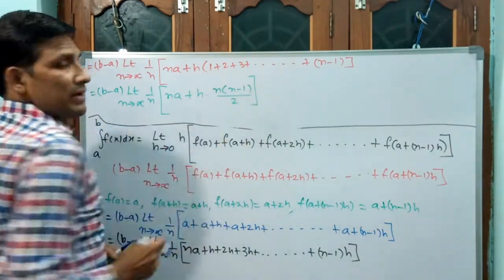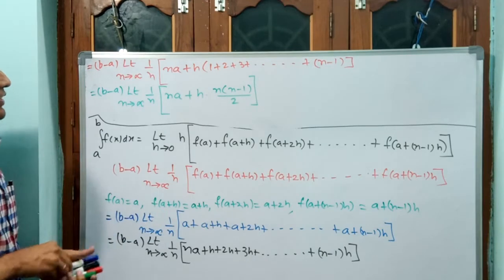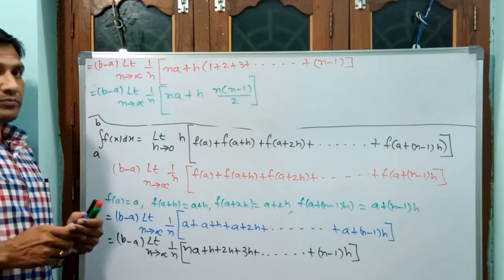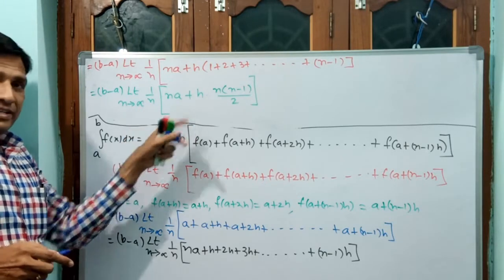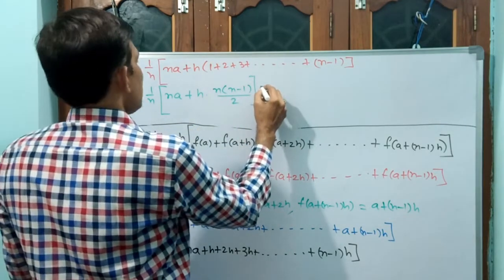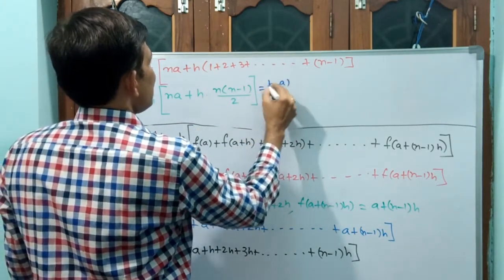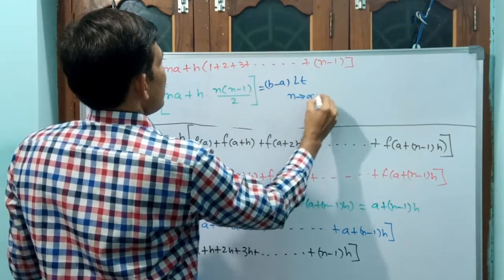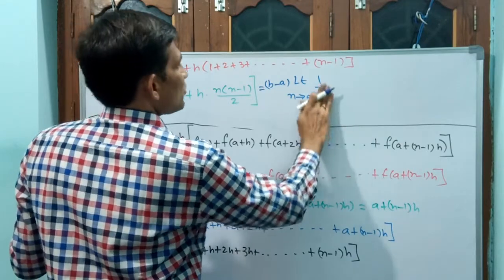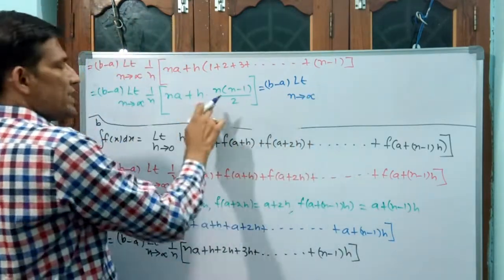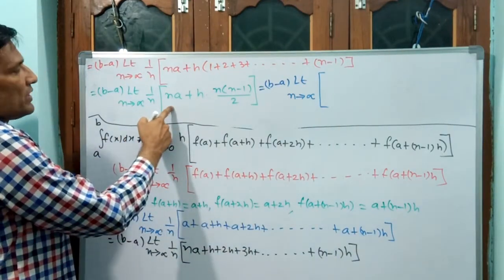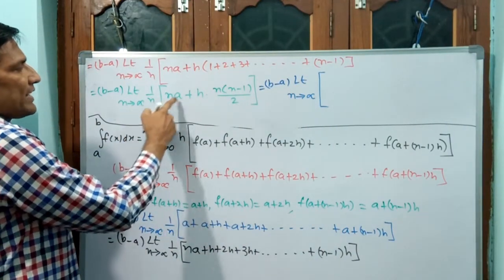Okay, last term is n minus 1. Okay, see, if this is the case, then what you have to do, you have to send this 1 by n inside. See why I am sending 1 by n inside. That is equal to b minus a into limit n tends to infinity. Sorry, 1 by n will not be there outside. I am sending inside.